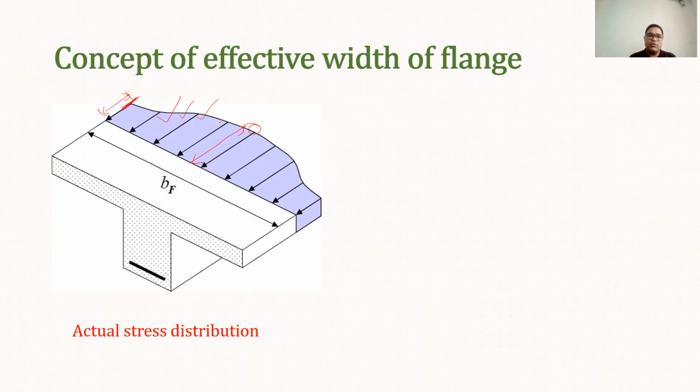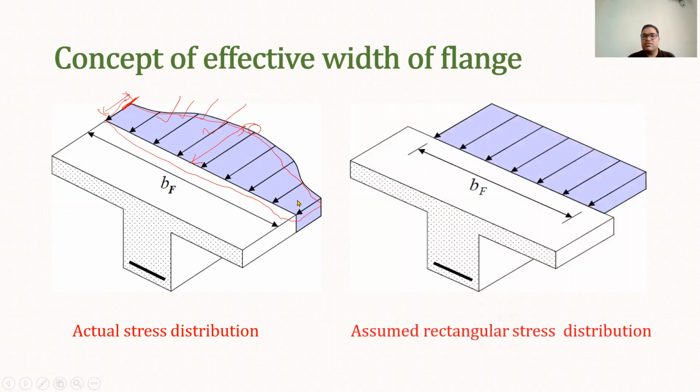As you can see, this area is an irregular area. So we convert this area into a rectangular area having width BF, and that BF is known as the effective width of flange.